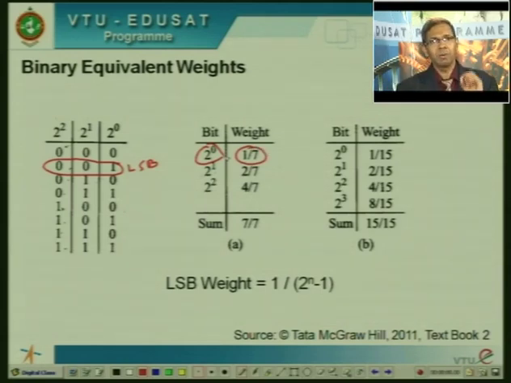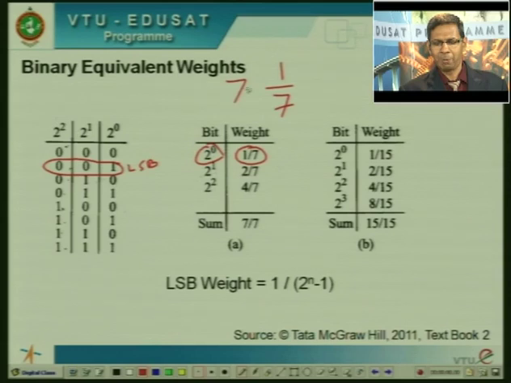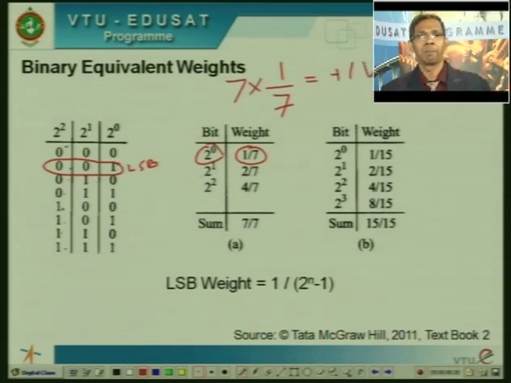By weight of 1/7, the actual value would be 1 upon 7 into 7 volts, because the full voltage is 7. So the actual voltage is 1 upon 7 multiplied by the full voltage. So this happens to be 1 volt.